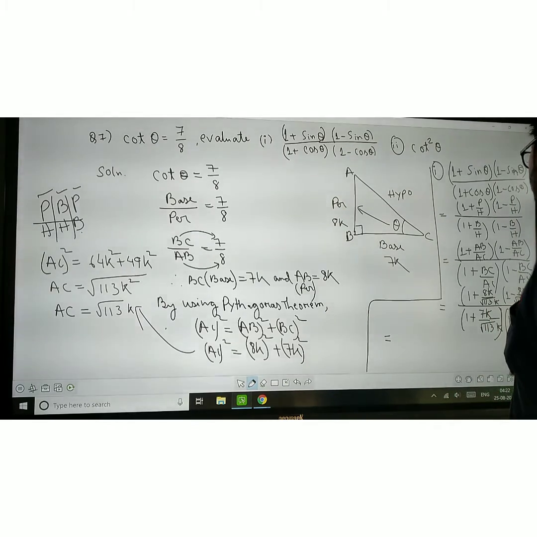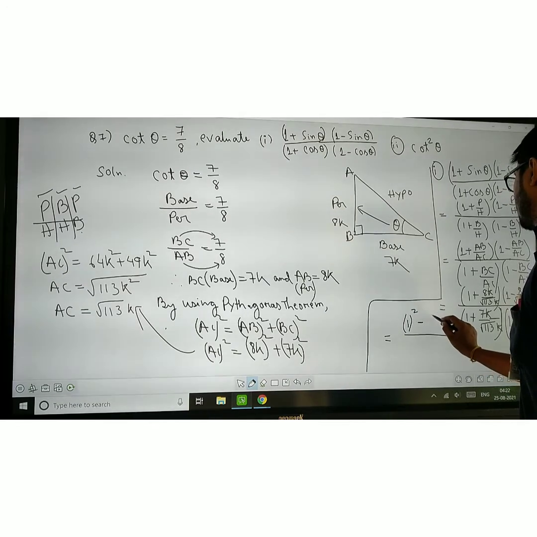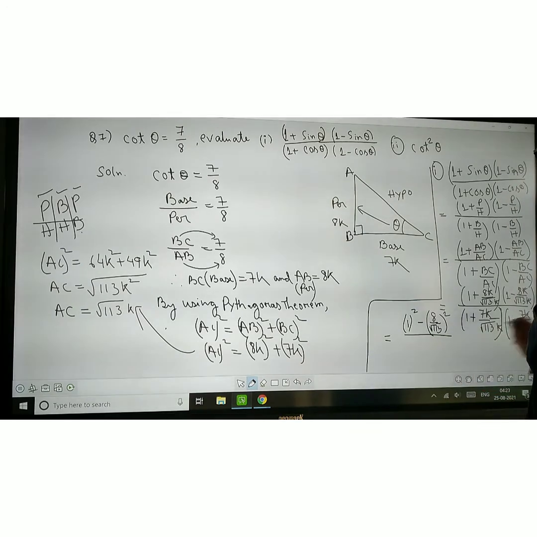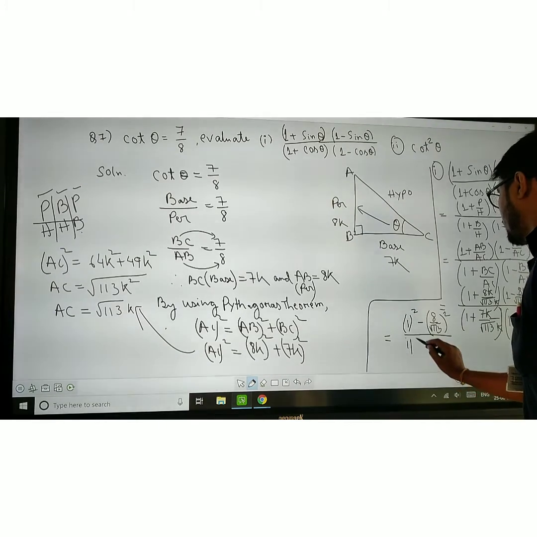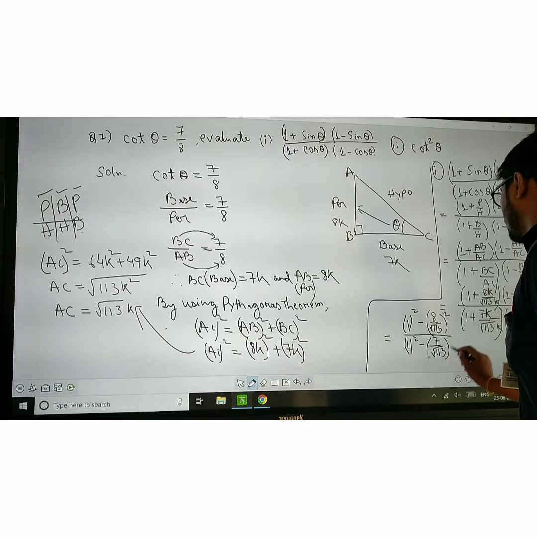Now you have to take LCM, or you can do it like this: A plus B, A minus B. What is the formula? A square minus B square. That is 1 square minus 8 by root 113 whole square. Next one, same thing: A plus B, A minus B, A square minus 7 by root 113 whole square.